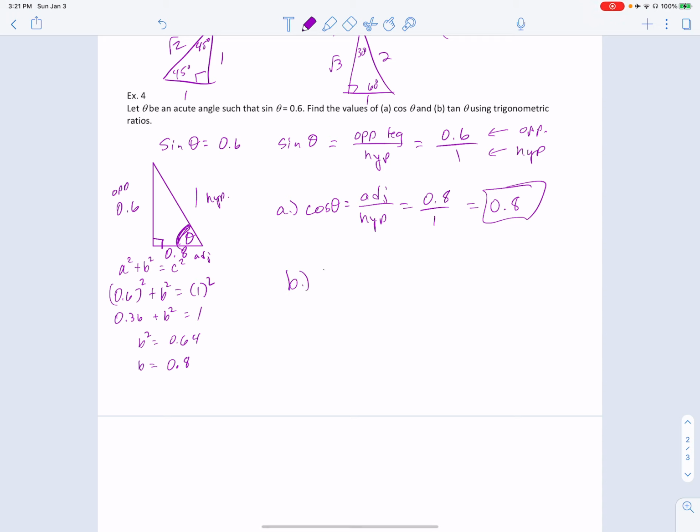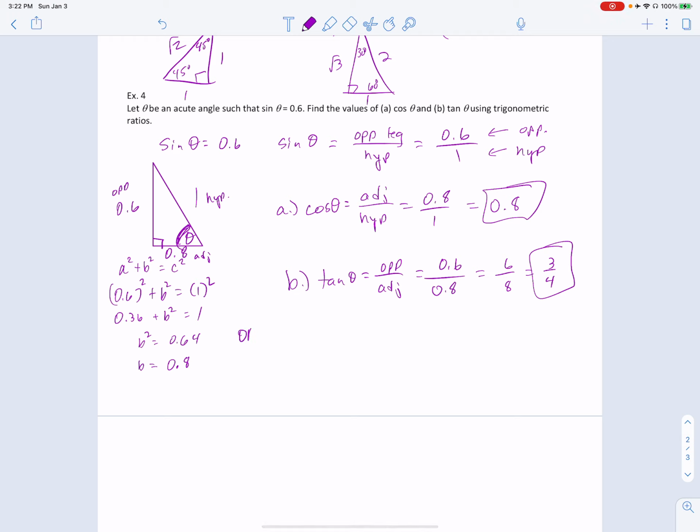Find the tangent. Well, tangent is opposite over adjacent. So opposite is 0.6, adjacent is 0.8. Do not leave them with decimals. Multiply by 10 top and bottom. We'll keep it the same and reduce, and we have the tangent is 3/4.